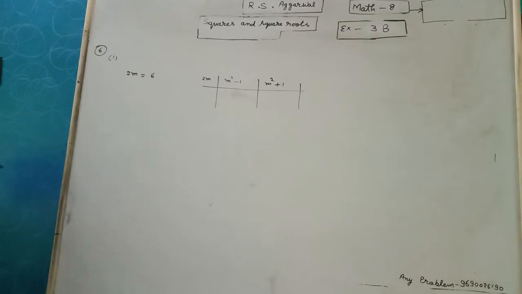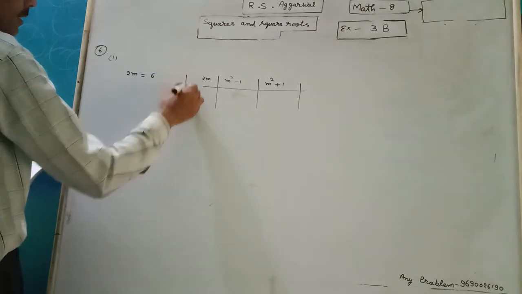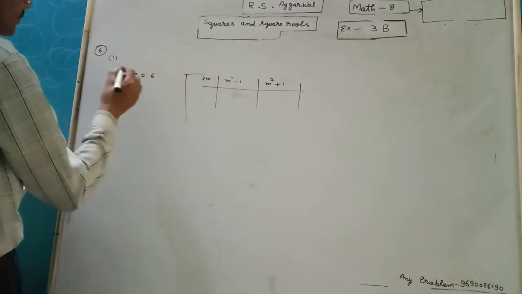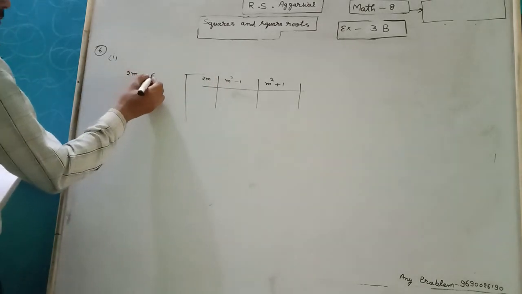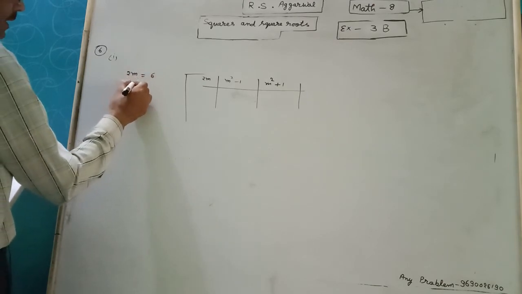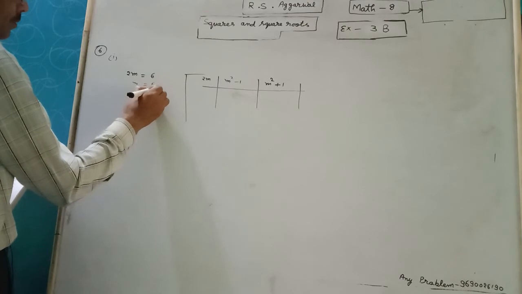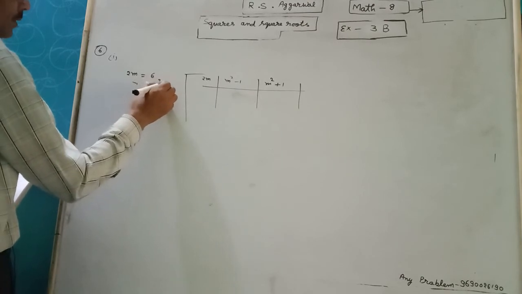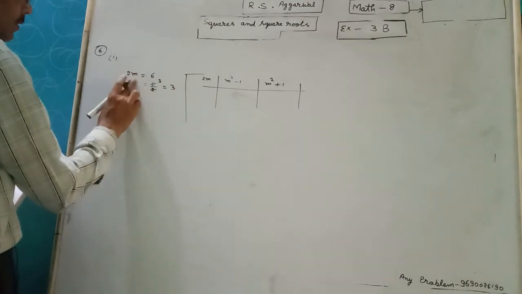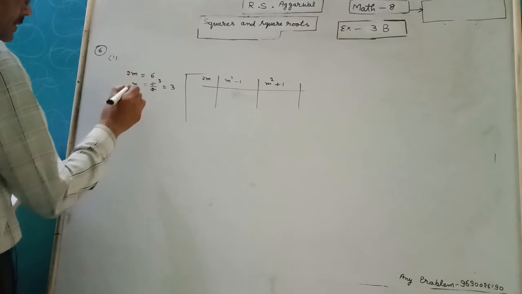Pythagorean triplet called. Here is value 2m is equal to 6, m is equal to 6 upon 2, 2 3 is 6, m value we find the 3.